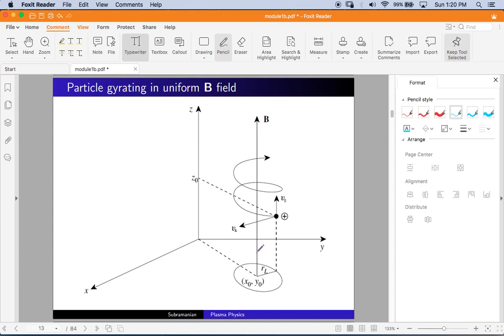All right, and this is the kind of picture that we will adopt. Say the magnetic field is pointing in the z direction, without loss of generality, you can always add other directions to it. Say you have a center of gyration x naught, y naught, and so you have a perpendicular velocity and a parallel velocity. The parallel velocity is not affected by the magnetic field at all, and in this case, this is a positive charge just gyrating.